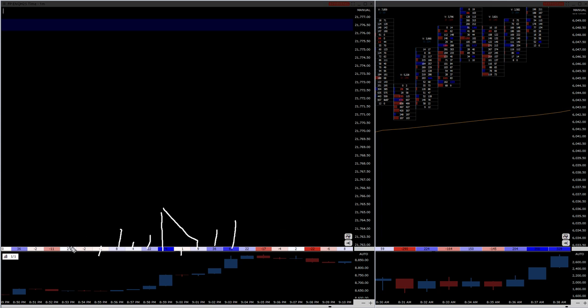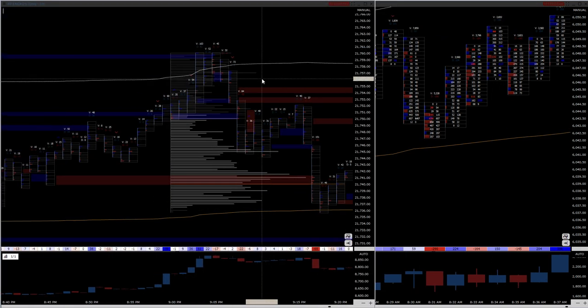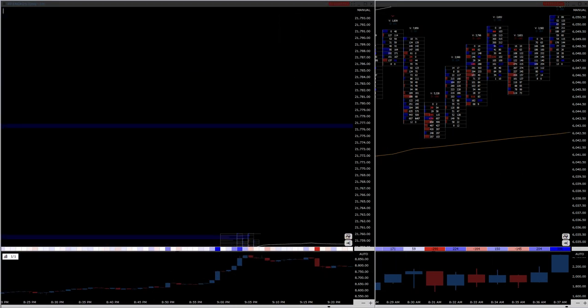I'm trying to find examples, but it's really hard to just pick an example without having context. You want to see the delta decrease. It's the opposite of looking for an absorption. As we approach the level, you want to see the buyers' delta start to decrease.